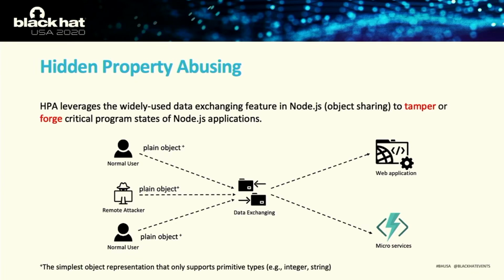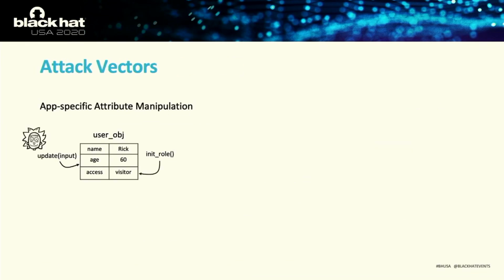In most cases, the payload should be in plain objects, which is the simplest object representation, which only supports the primitive types. We have these restrictions because the plain object type is the most widely supported object type in Node.js object sharing. Okay, so during our research, we discovered two types of attack vectors.